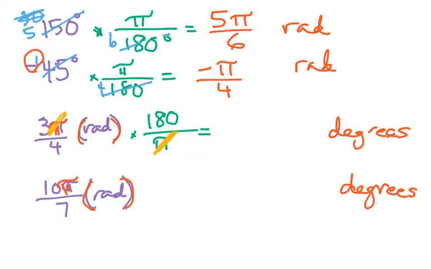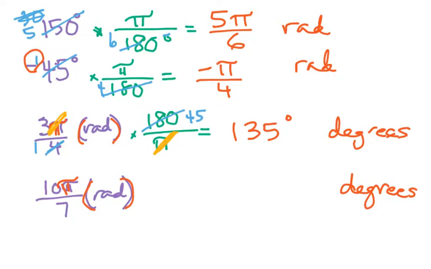And then I am going to reduce: 4 can be divided by 4, and 180 can be divided by 4. So what I'm left with then is 3 times 45 and nothing else. That's 135 degrees.